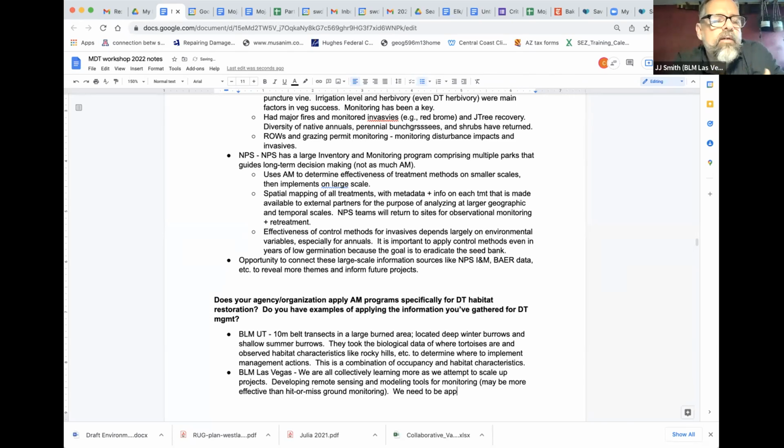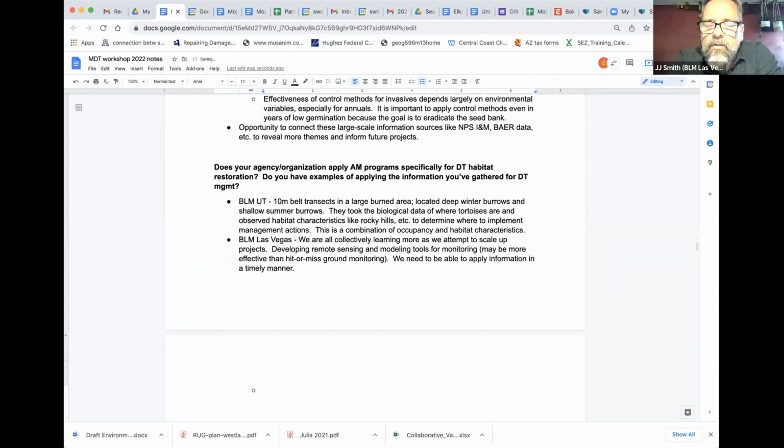Oh, let me add one other thing I forgot to mention. I feel like we have been adapting pretty well to new information and designing some monitoring around that, and not just for habitat characteristics, the more vegetation and soil characteristics that we've been talking about, but also things like working with Fish and Wildlife Service to monitor culverts for tortoise and other wildlife use, and whether or not that is connecting habitat, and monitoring power lines for raven nests.